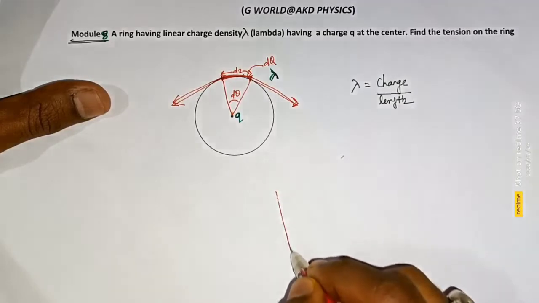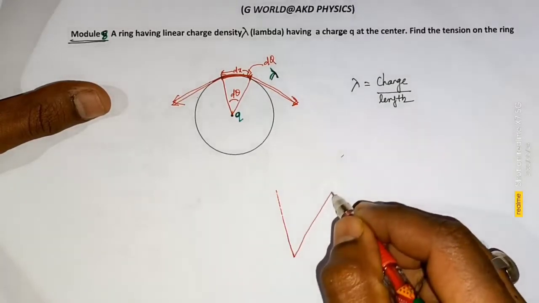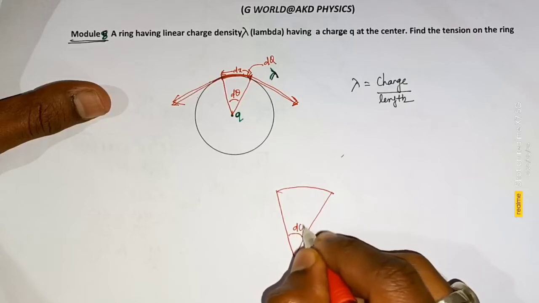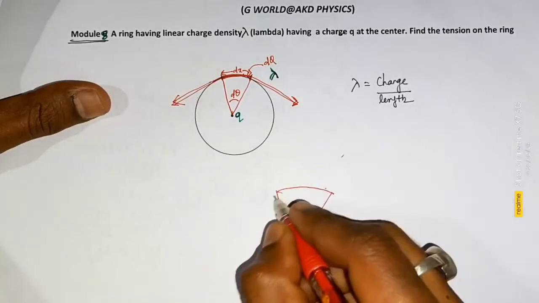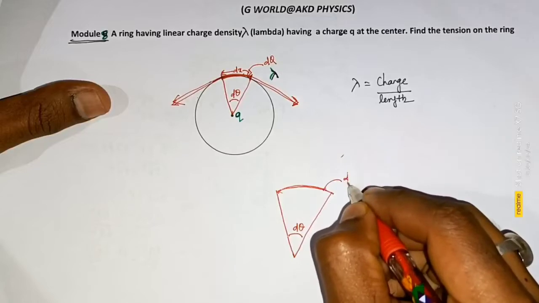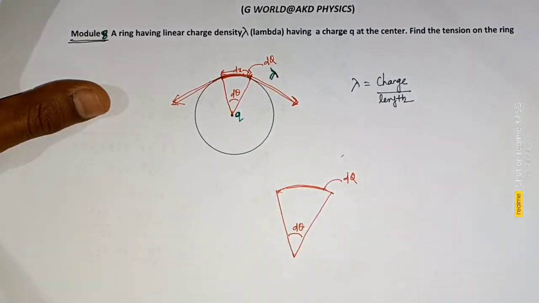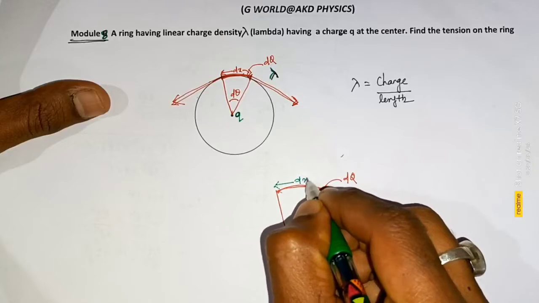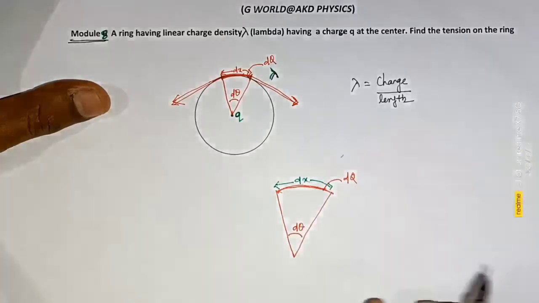So this is the segment. The angle is d theta. The charge in this small element that I have considered is dq. This element charge is dq, and this length I consider as dx.